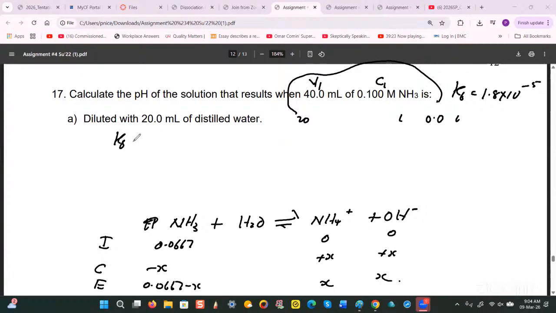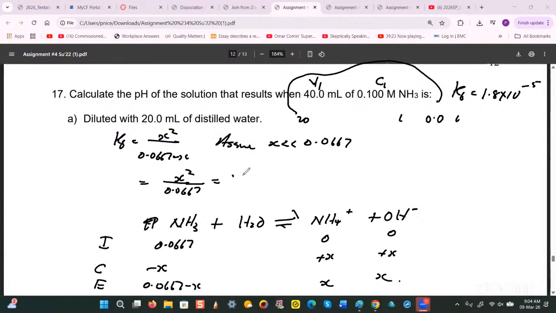Kb, because it's a base, that will be equal to X squared over 0.0667 minus X. We assume, again, that X is much smaller compared to 0.0667, so that this part becomes X squared over 0.0667, and that would be equal to 1.8 times 10 to the minus 5, which is the Kb value.